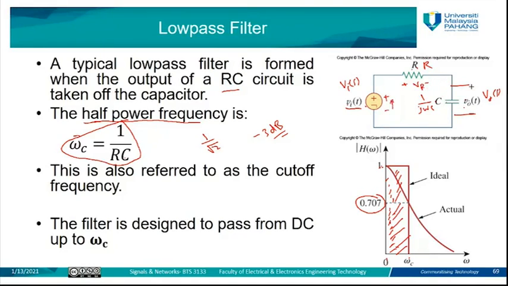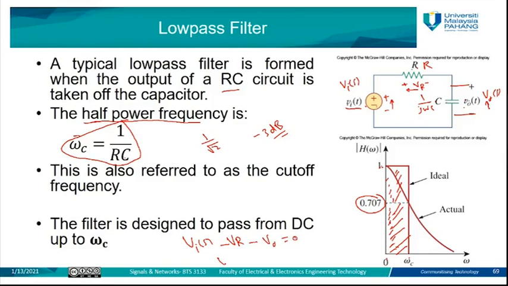So you go this side, it will be V in minus IR, which is VR, minus V out. The equation here will be V in minus VR minus V out is equal to 0.